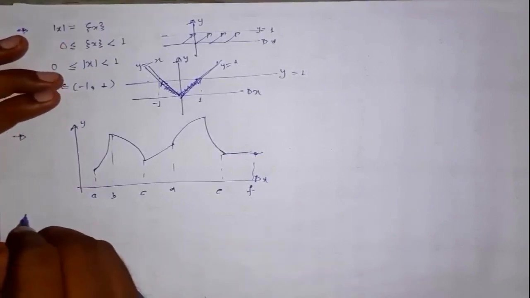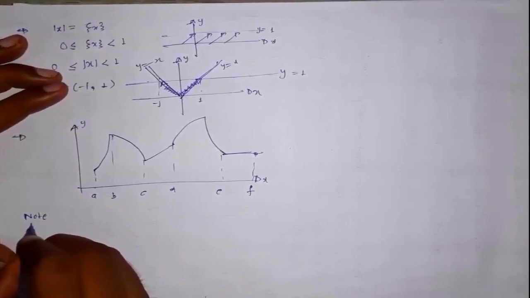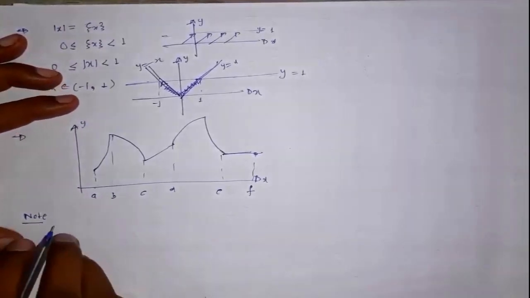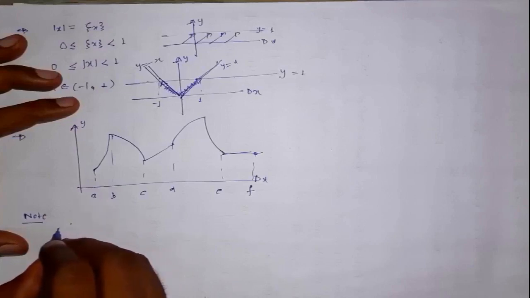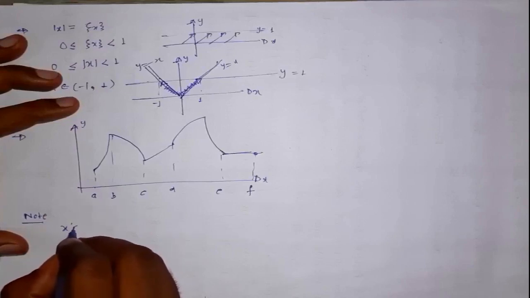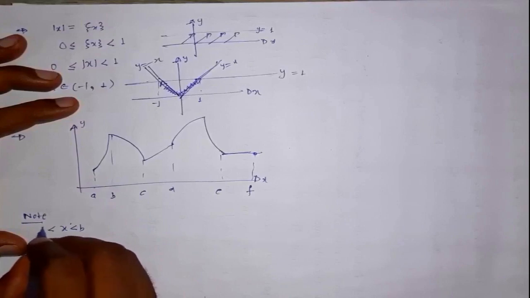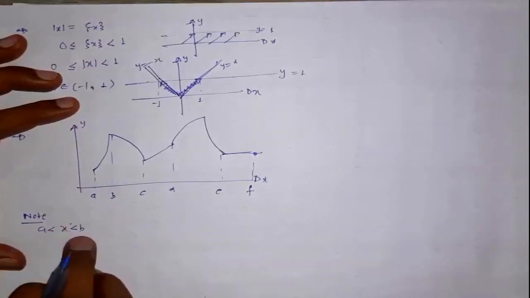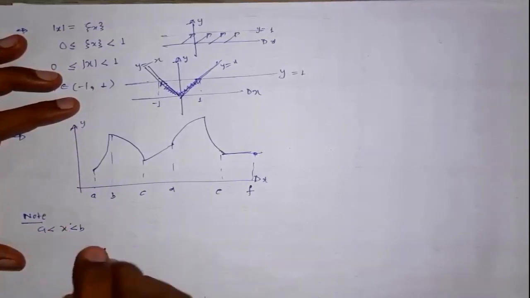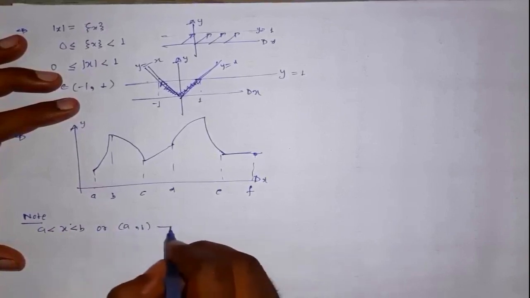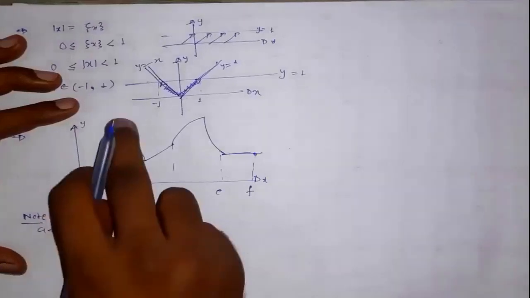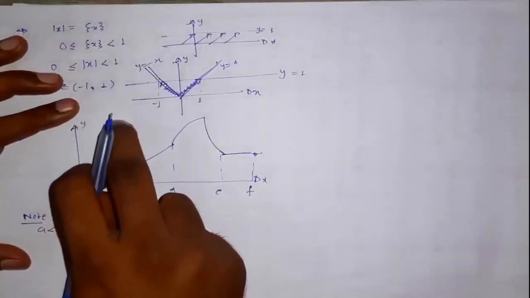Now there are some important notes that you should focus on. For x belonging to A to B, I am not including A and B. What will happen? This is an increasing function and the slope is continuously increasing.